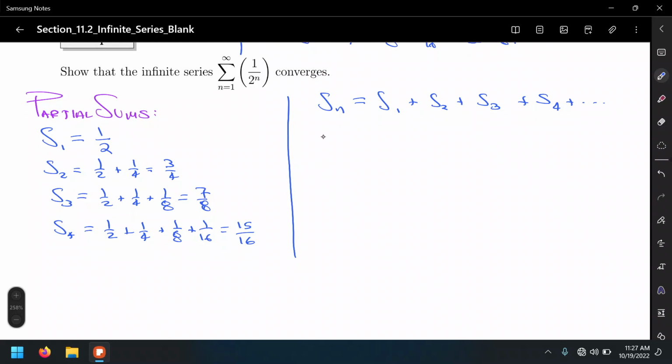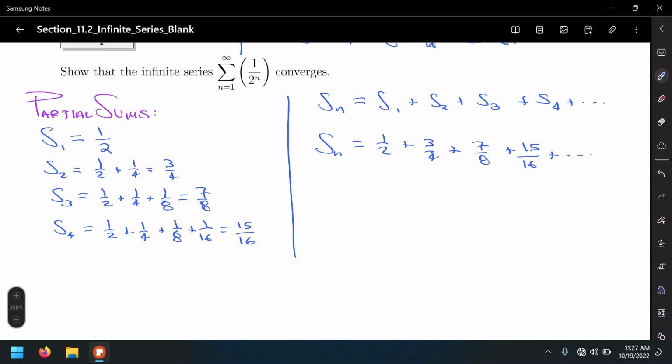All right, S sub n, which is S sub 1, which is 1/2, plus S sub 2, which is 3/4, plus S sub 3, which is 7 over 8, plus S sub 4, which is 15 over 16, plus infinitely many terms.